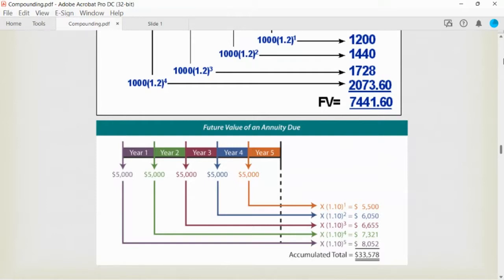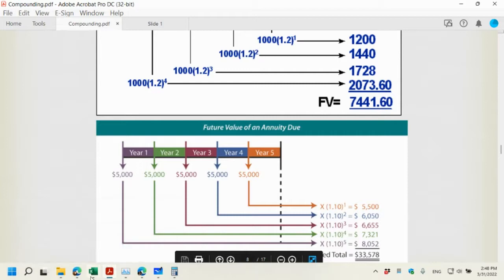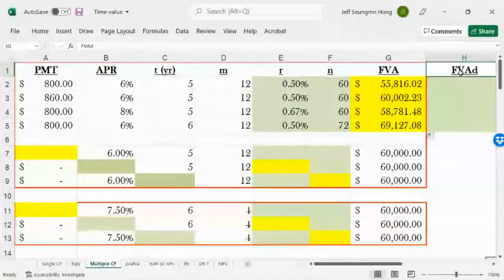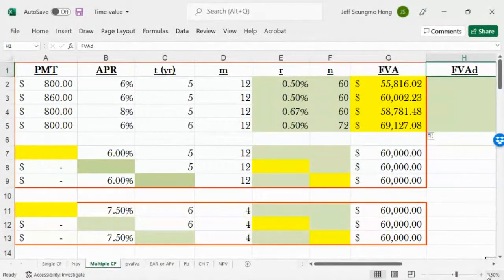So unless there is specific wording that the problem assumes annuity due, ordinary is assumed by default, always. Okay? So now we understand what annuity due is.